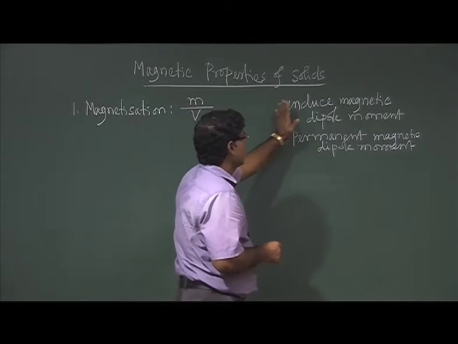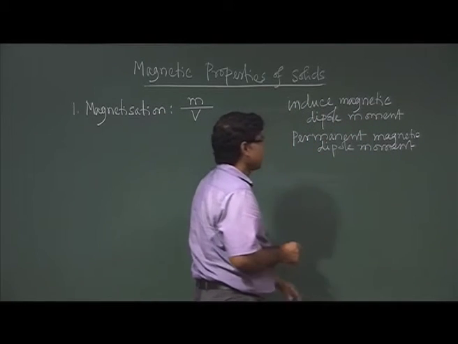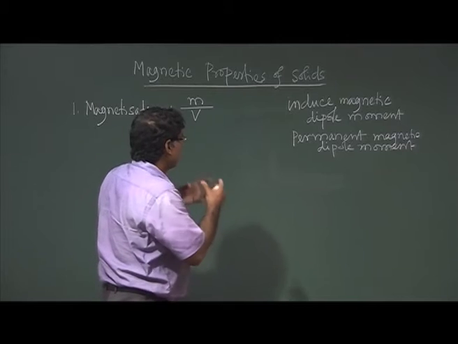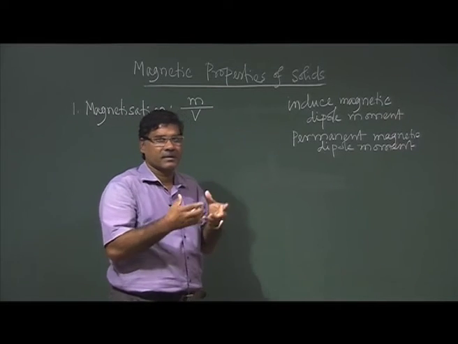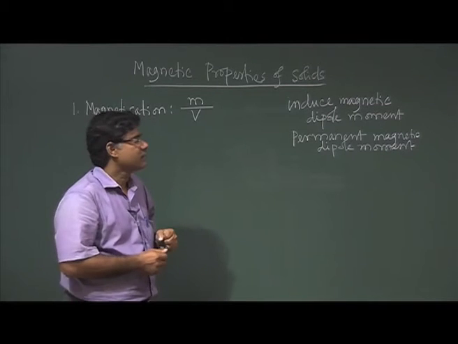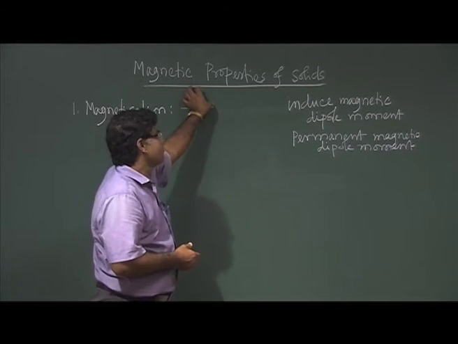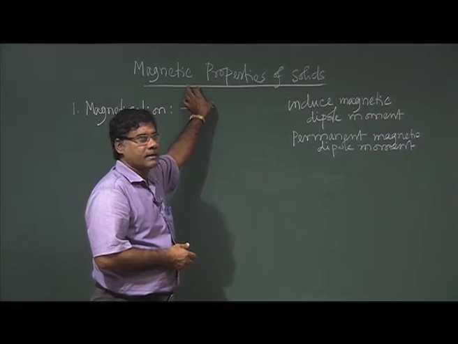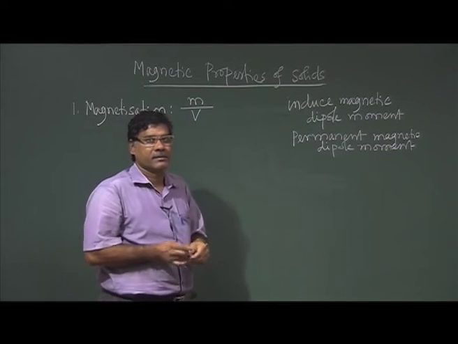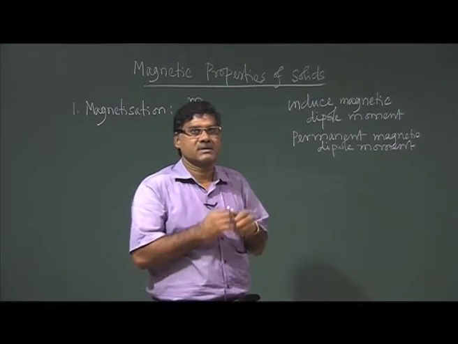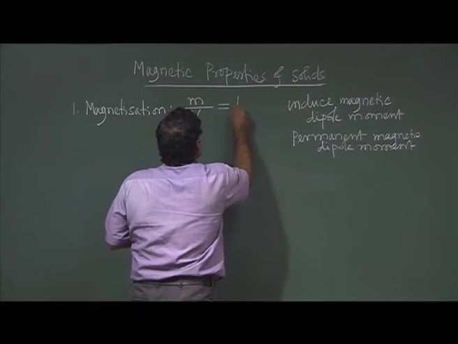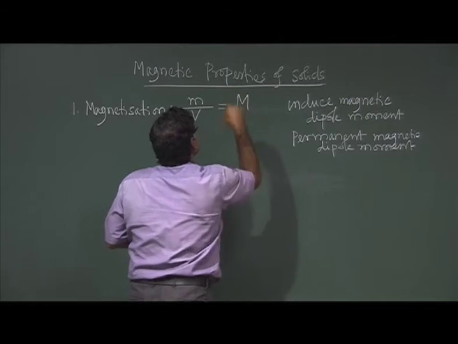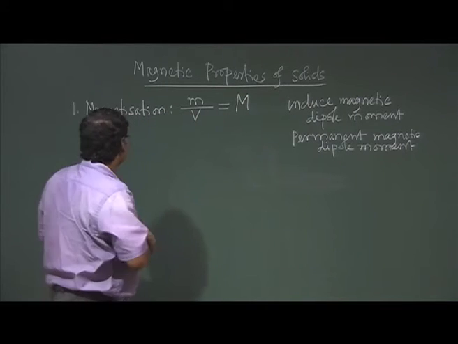So, whatever the magnetic dipole moment, the total dipole moment of a piece of material, if it is m, divided by the volume of this material, that will give the magnetization. We write it using the capital M, right.